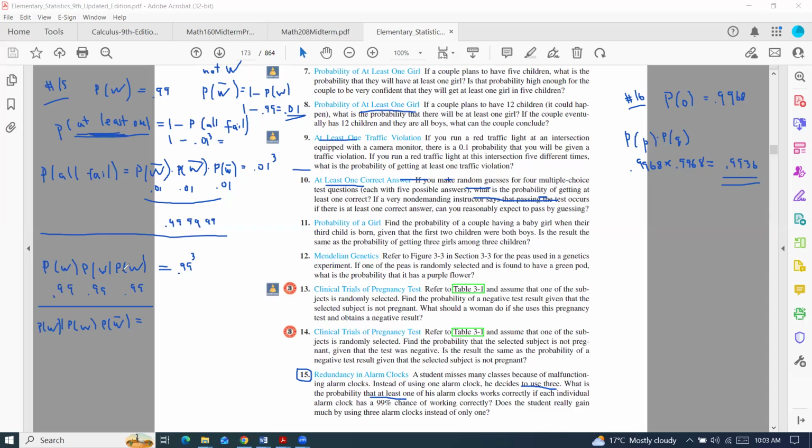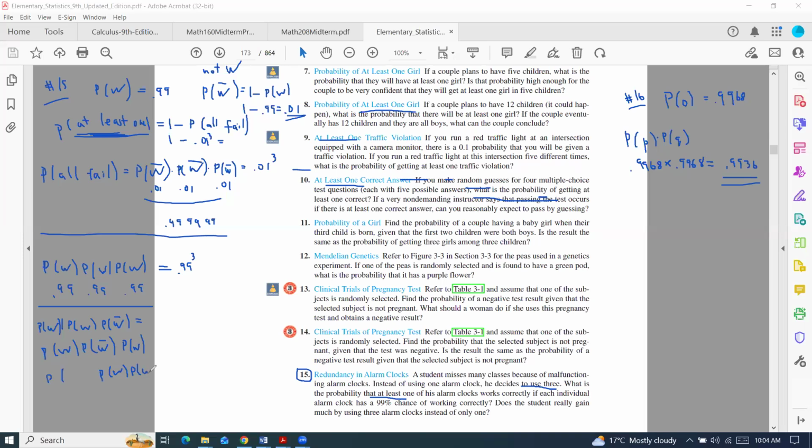So not all of them, but at least one. So it means that the first two worked, or it could be the first that worked and the third that worked, but the middle did not work. See how many different possibilities we'll have to consider if two of them worked. So it could be the last two worked, but the first one didn't work.